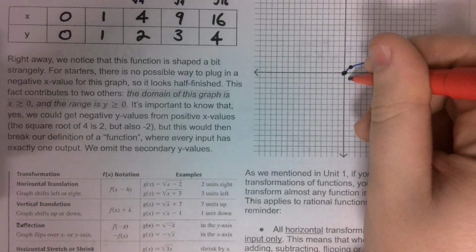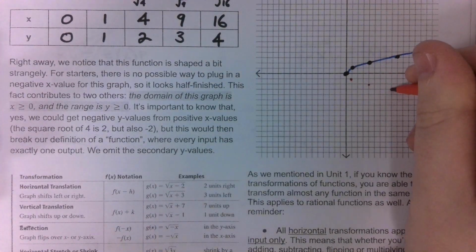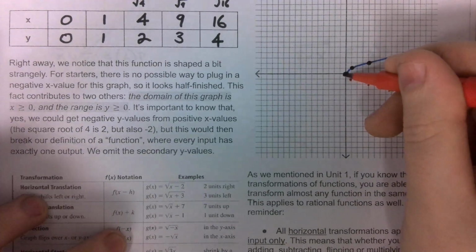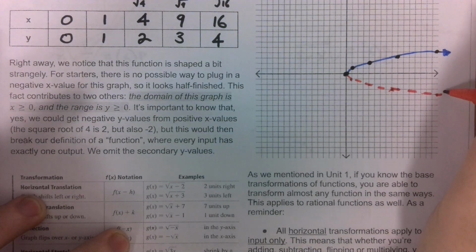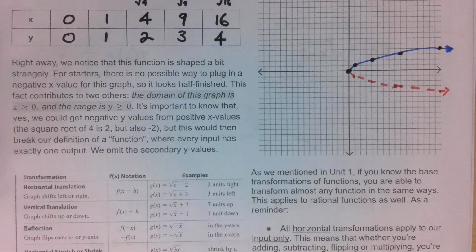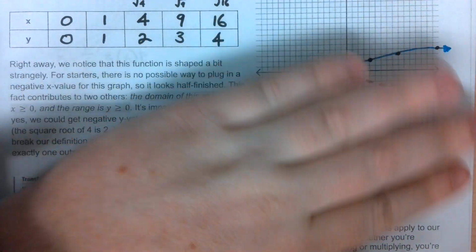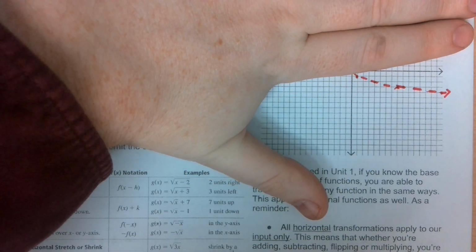Well, we would just have to flip all the points upside down, right? So get a point here, get a point here, get a point here, and get a point all the way over to this side. This would complete our parabola. Right? What is this function? What is this red function here? If the blue version is the square root of x, what's the red one?